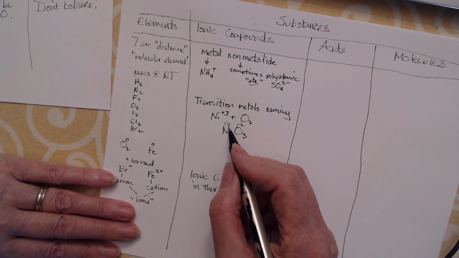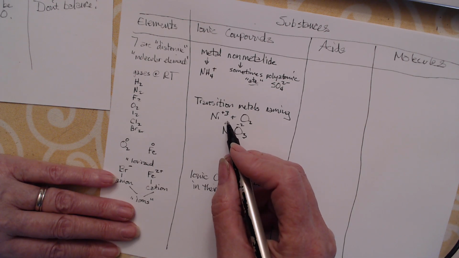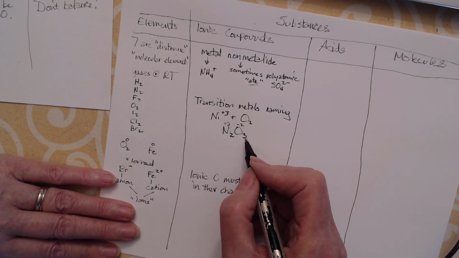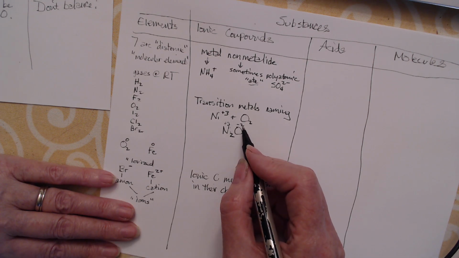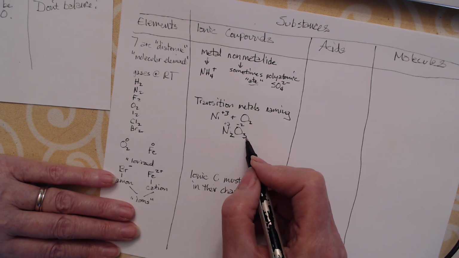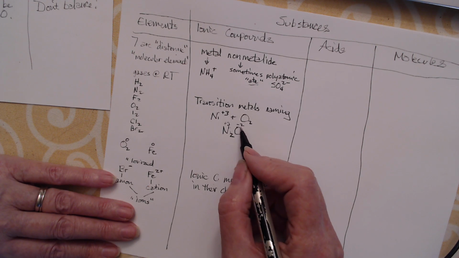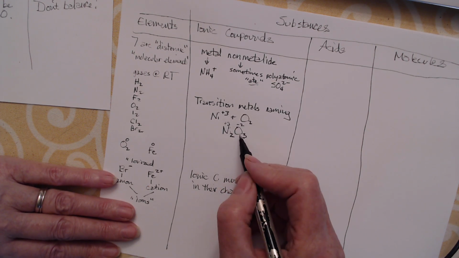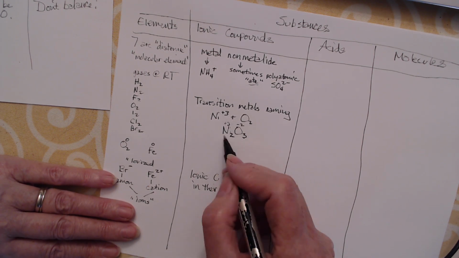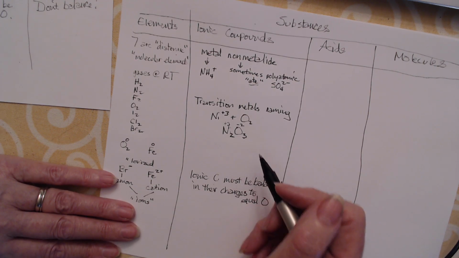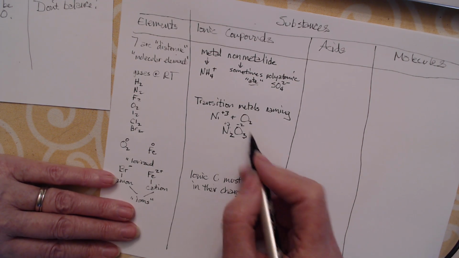Each of them has a +3 charge. So now I've got a total charge here of +6. When I look here at this oxygen, I say I have a -2 charge on each atom. I've got 3 total, so my total charge becomes a -6. So +6, -6. I'm balanced. I'm 0. Okay, so we need to have them balanced.